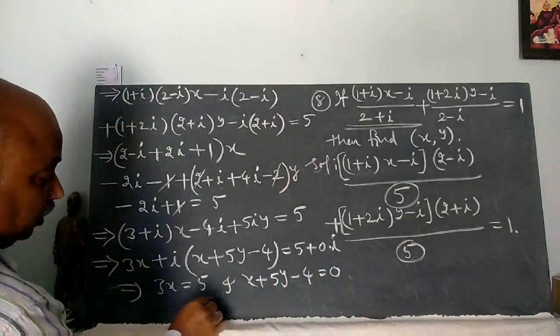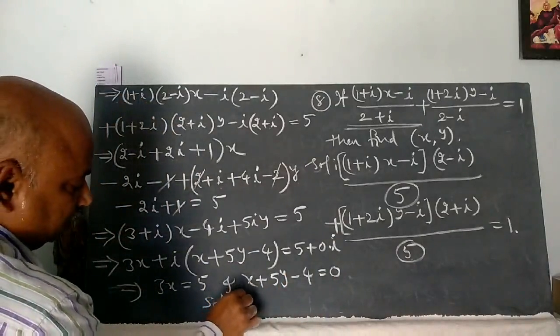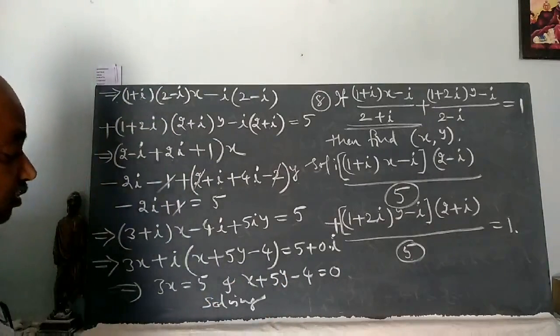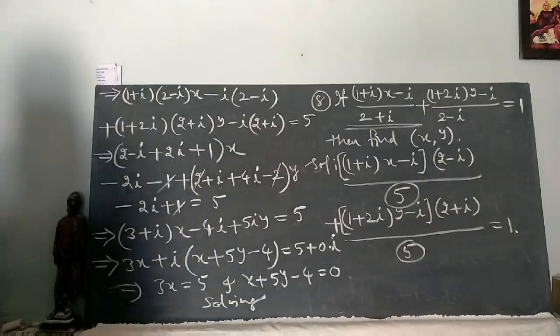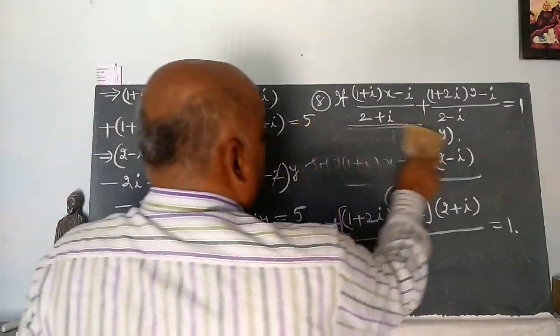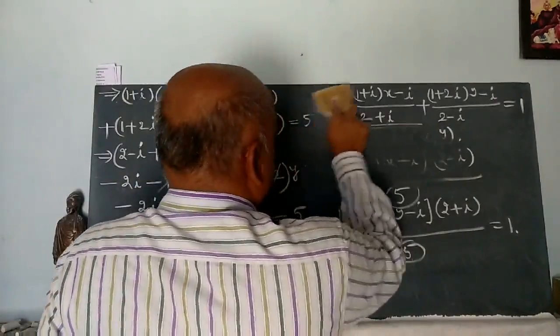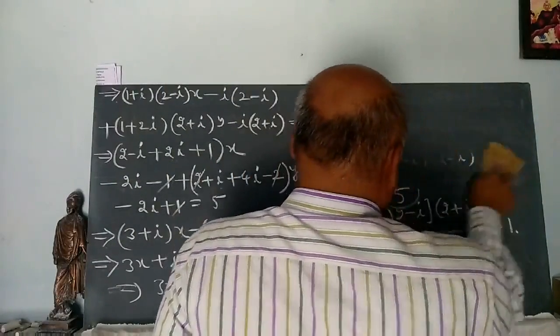So solving these two equations. 3x is equal to 5, so x is equal to 5 by 3.